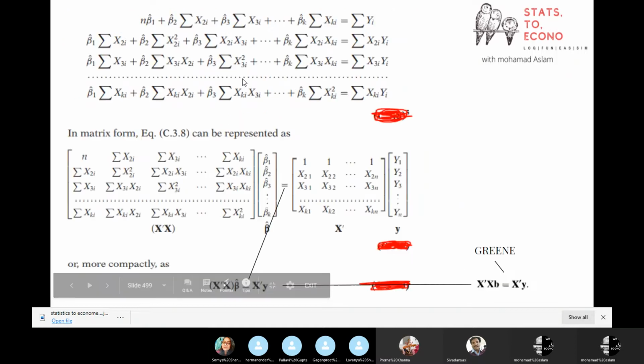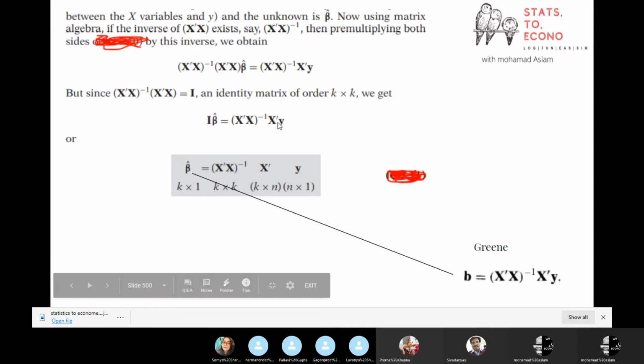Now we need only the beta hat value on the left hand side, right? Means this is not required. We only need the beta hat matrix for all the sample estimates. So just take this to the right hand side, but it's a matrix, so you cannot just directly shift it. In a matrix, it's like an inverse form. Means division means an inverse form.